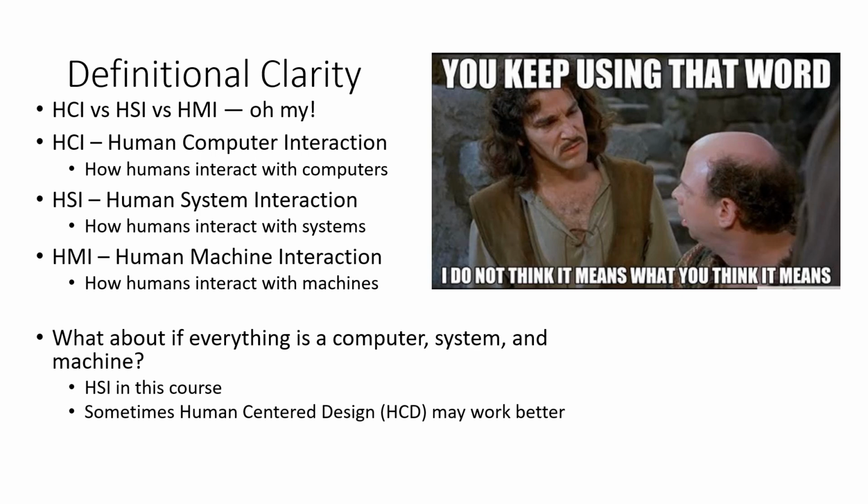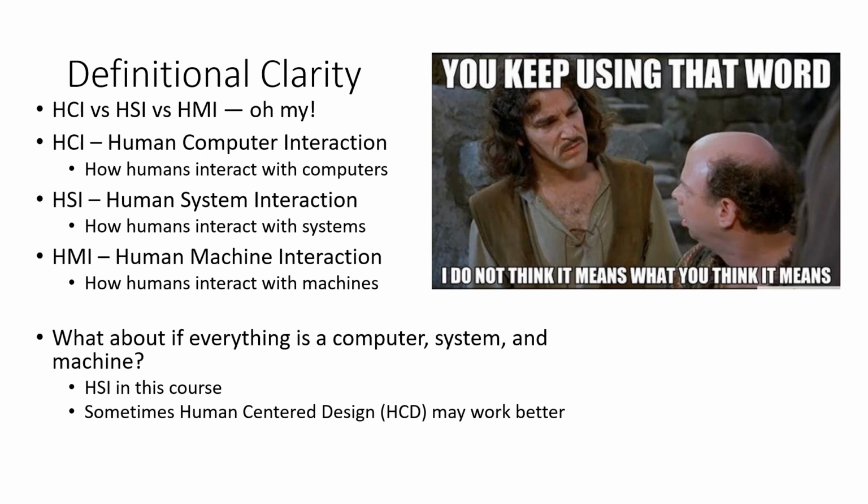You will hear HCI, HSI, or HMI. Those are the three most common ones. HCI is human-computer interaction, how humans interact with computers. HSI is human system interaction, and HMI is human machine interaction.